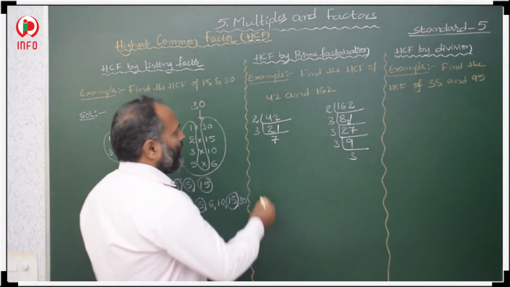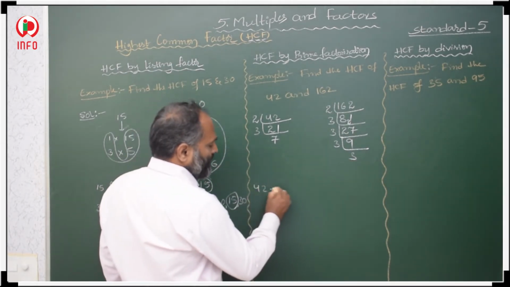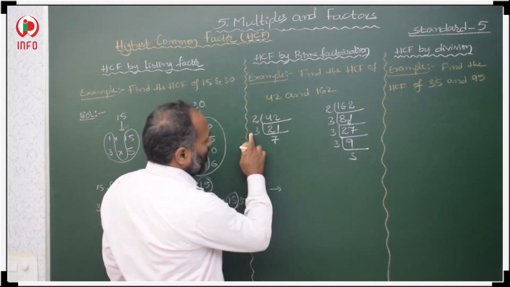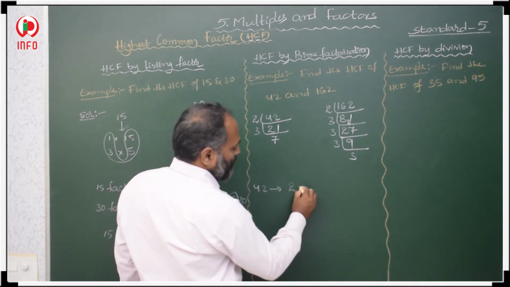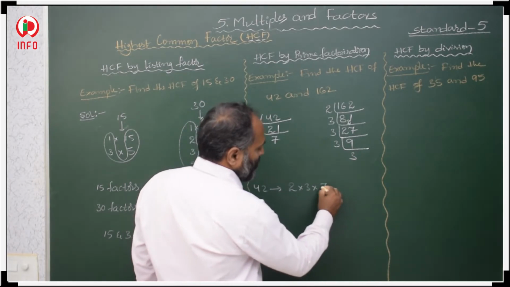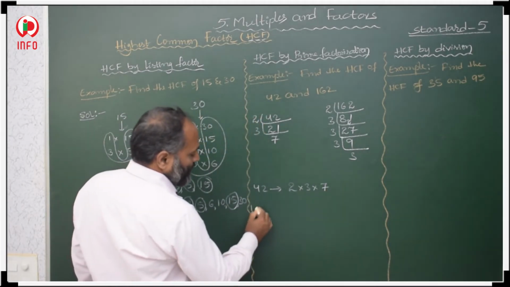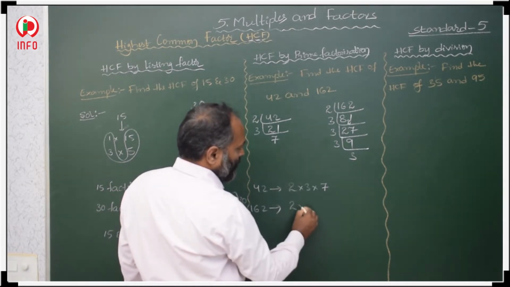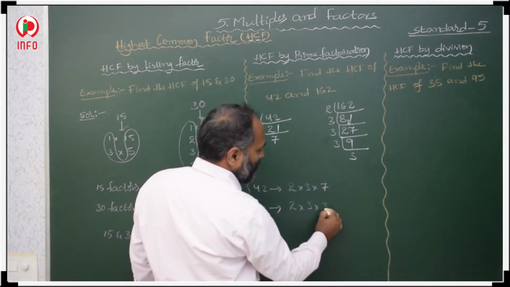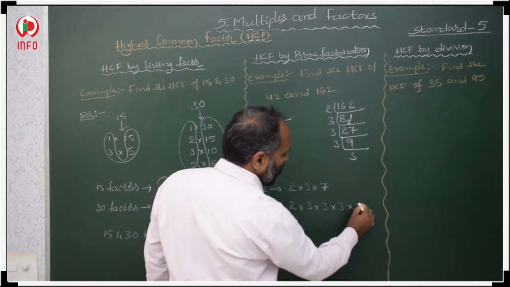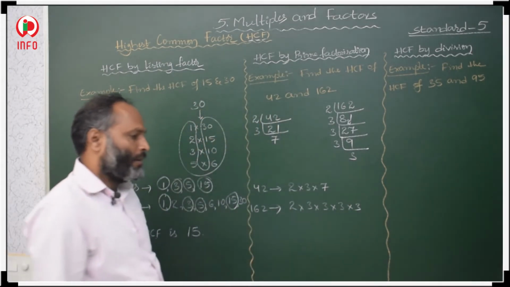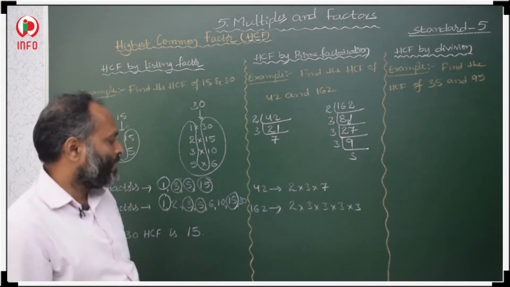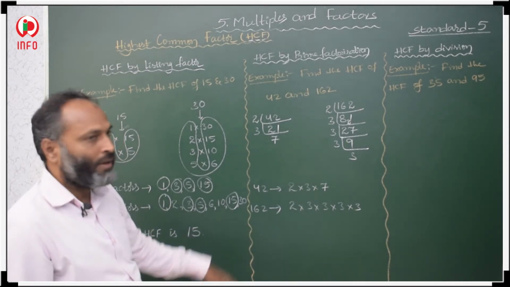Now 42 prime factors: 2 into 3 into 7. Then 162 prime factors: 2 into 3 into 3 into 3 into 3. And now after this we have to check what are the common factors.